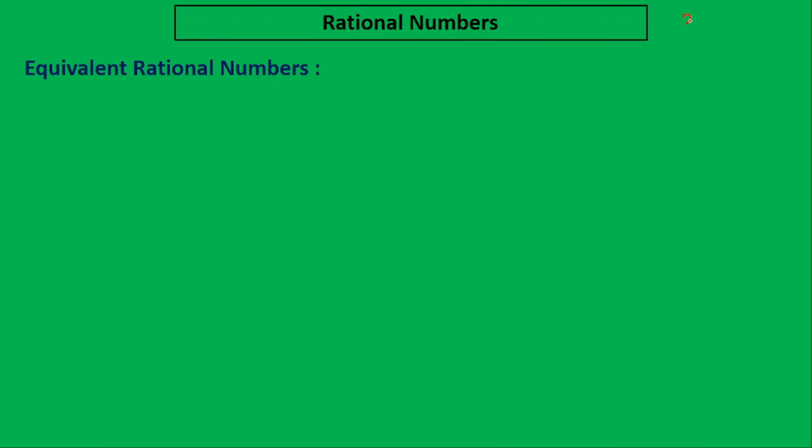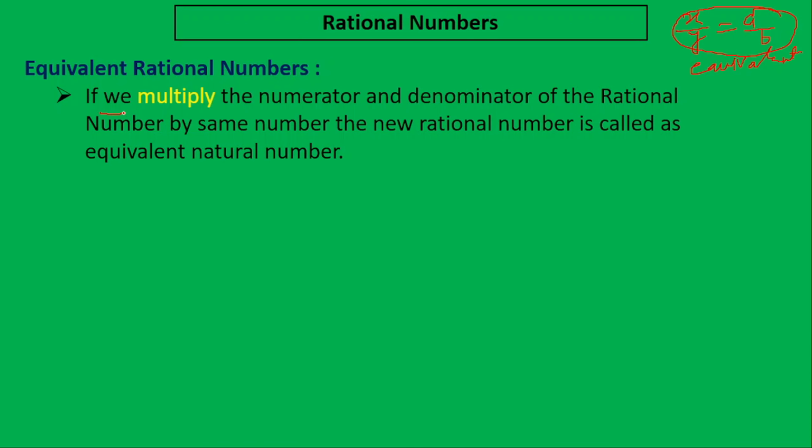Now equivalent rational numbers. This is very easy and we must understand this. If x by y is equal to a by b, then those two are equivalent. Equivalent means equal. If we multiply the numerator and denominator of a rational number by the same number, the new rational number is called an equivalent rational number. We will see examples. So 15 by 2. Now multiply numerator and denominator by 4.